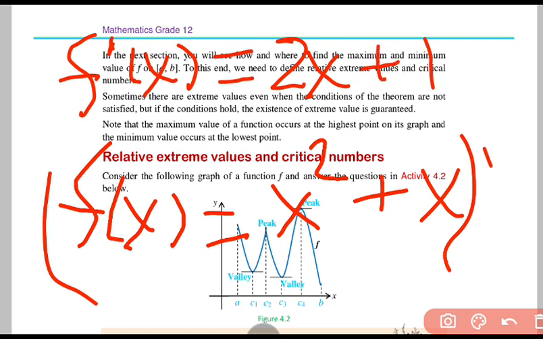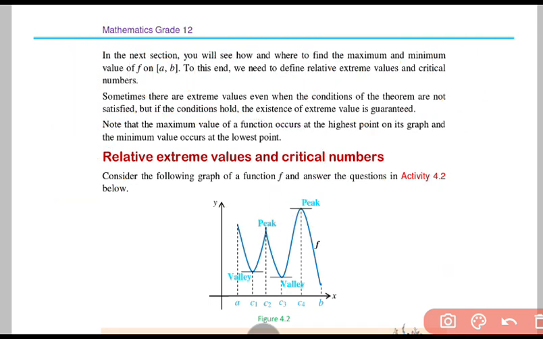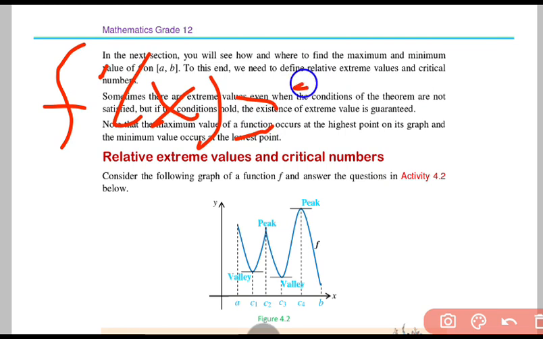It is the function; after we derive that function, we got this function. Let me try to write. The function after we derive, we got this: 2x plus 1.